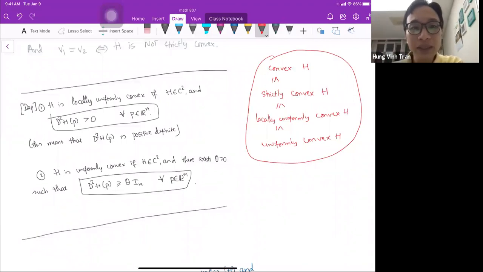And locally uniformly convex is even a bit more than that.